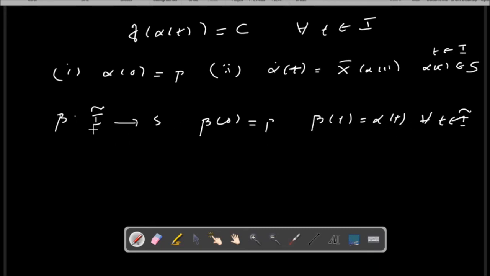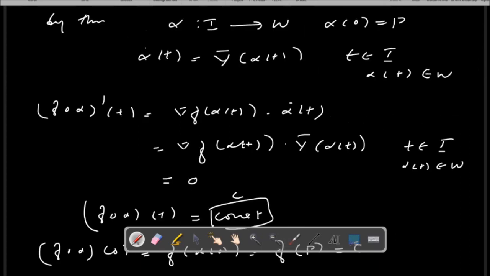That means all such beta are restrictions of this alpha, so alpha is the maximum integral curve.